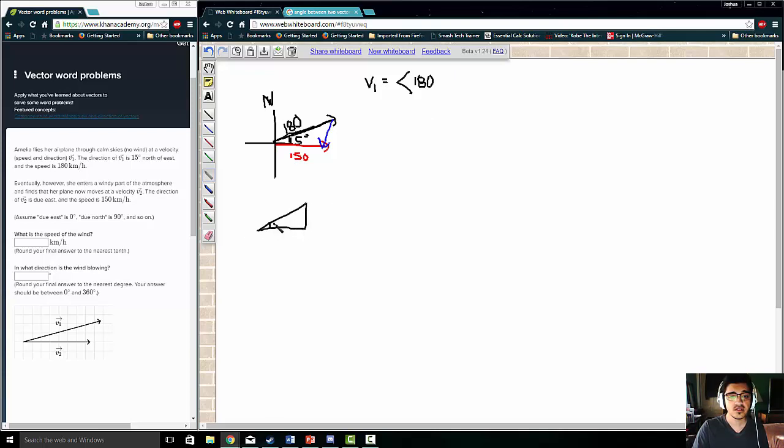It would be 15 degrees, hypotenuse 180. We have x and y. Remember, from SOHCAHTOA, we can see that the adjacent side, the x component, would be 180 cosine of theta, which in this case is 15, so cosine 15.